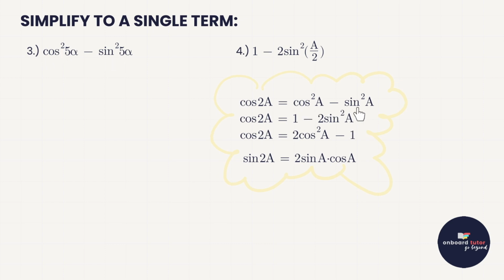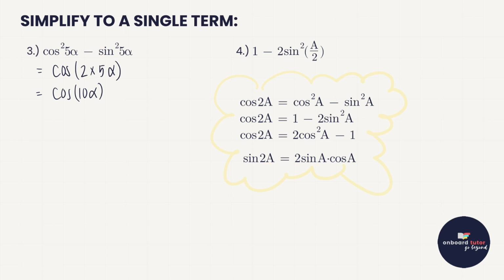That's the very first one here. So cos squared minus sine squared is equal to cos 2 times that angle. So we can rewrite this whole long thing as cos of 2 times 5 alpha. And so that's actually just cos of 10 alpha.